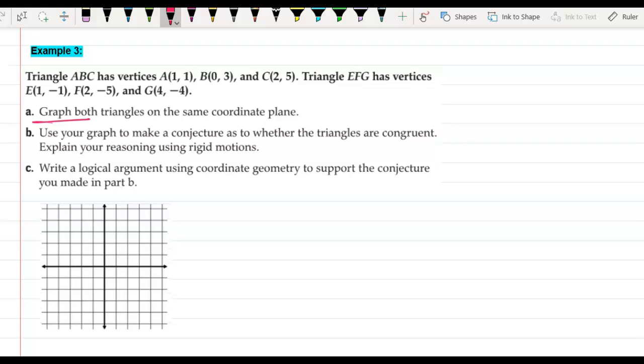The next thing, once you have them both set up, you might be able to see that they have a matching angle or they have a matching side, which would already give you something to use.